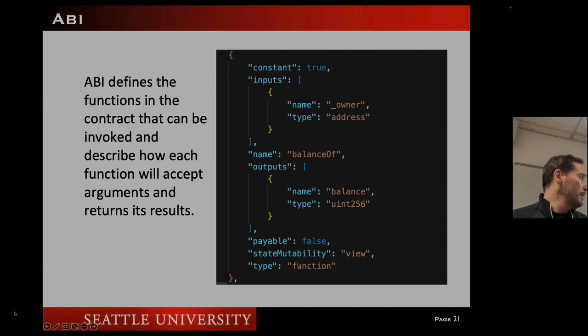So this is payable false. It is a view function. If you call it, you wouldn't have to pay transaction cost because it only reads state, and then it is a function. This is the name of it. It takes one input, the owner of type address, and then it returns the balance of uint256.